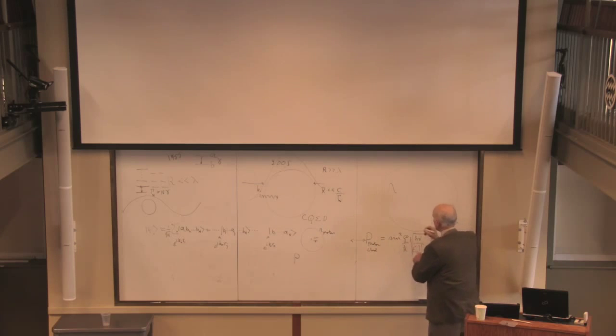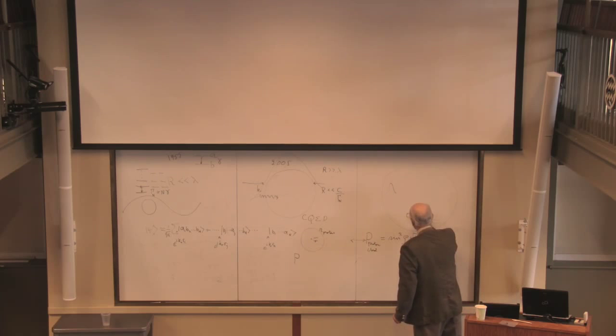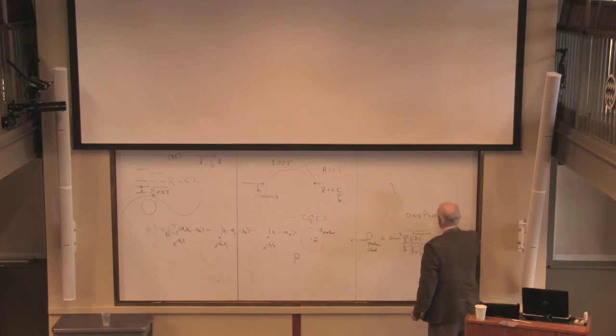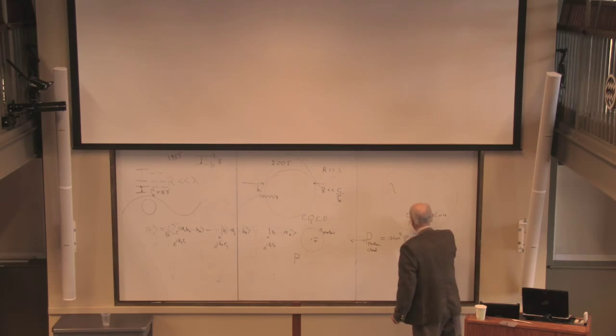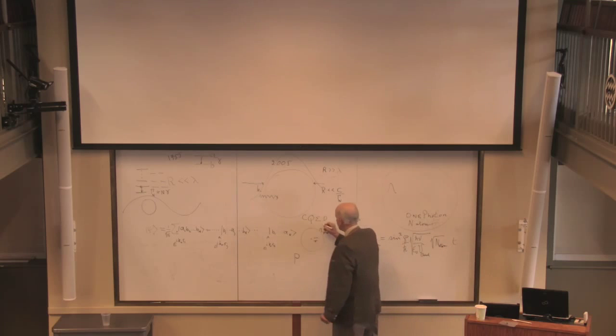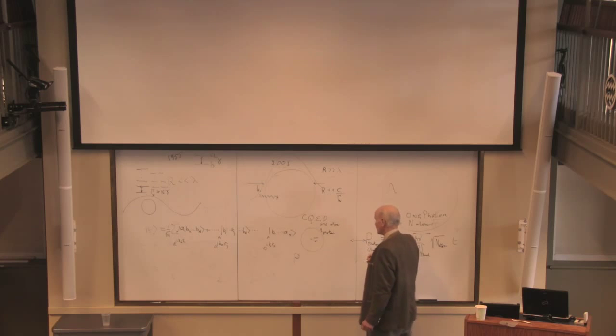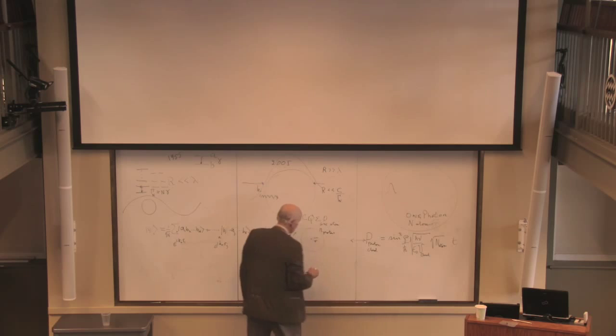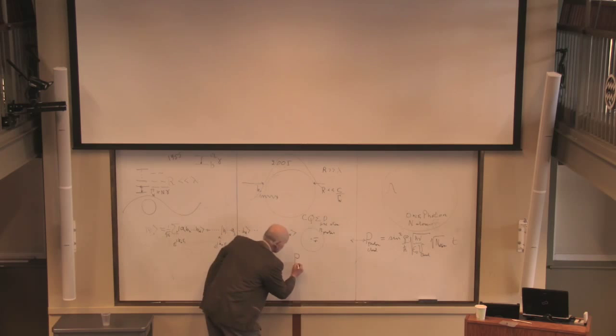Here I have only one photon physics, but many atoms. One photon, n atoms. Here I have one atom and many photons. Okay, everybody knows the answer here, so now I'm asking for the probability that the atom is excited.